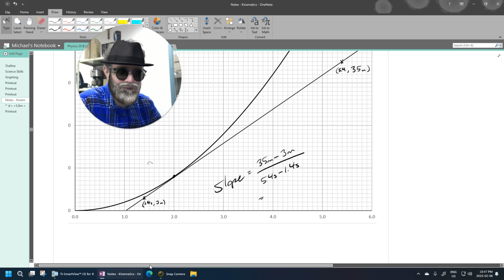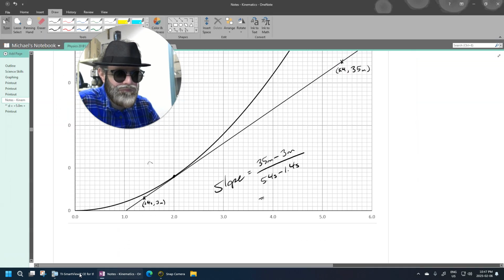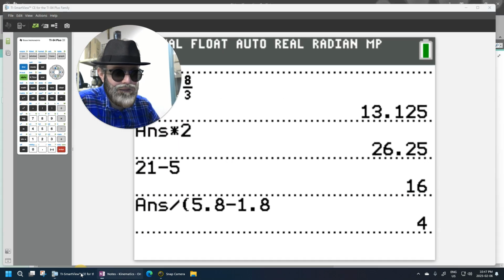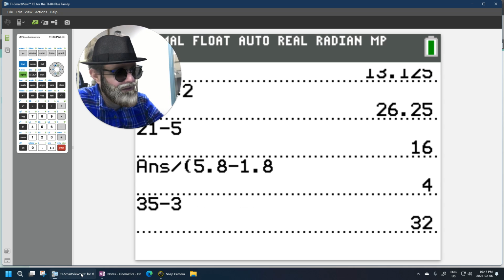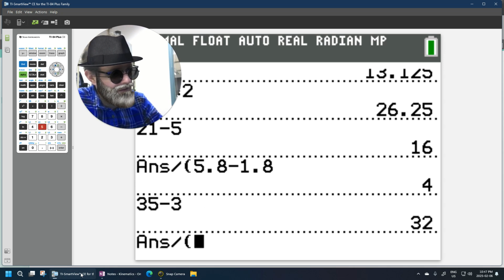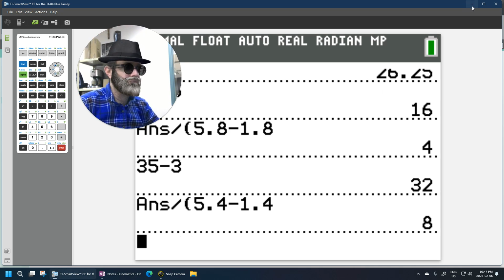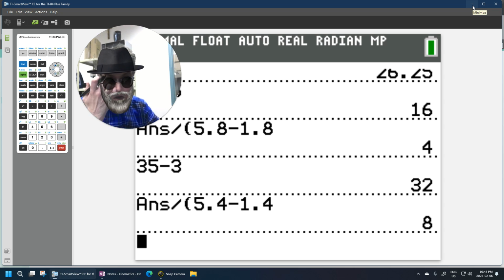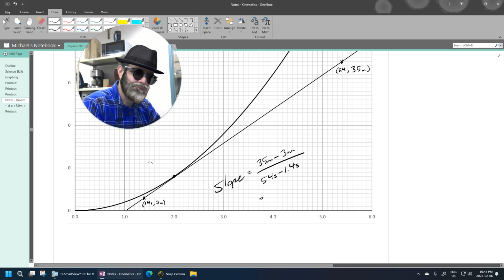And I'll quickly type this in my calculator here. 35 minus 3 divided by 5.4 minus 1.4. Bam. 8. All right. Seems like there's a pattern so far. 4, 8. What's the next one going to be? 16, maybe. So we got 8 meters per second.